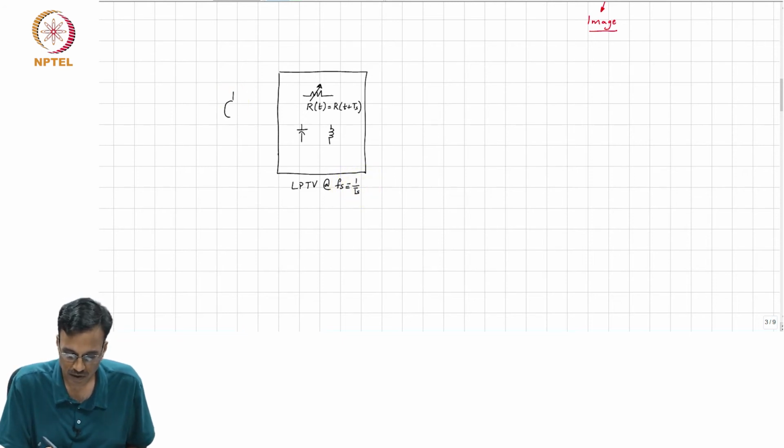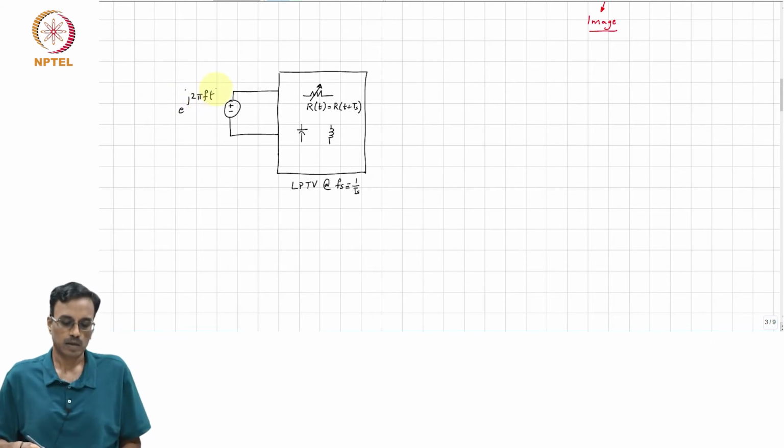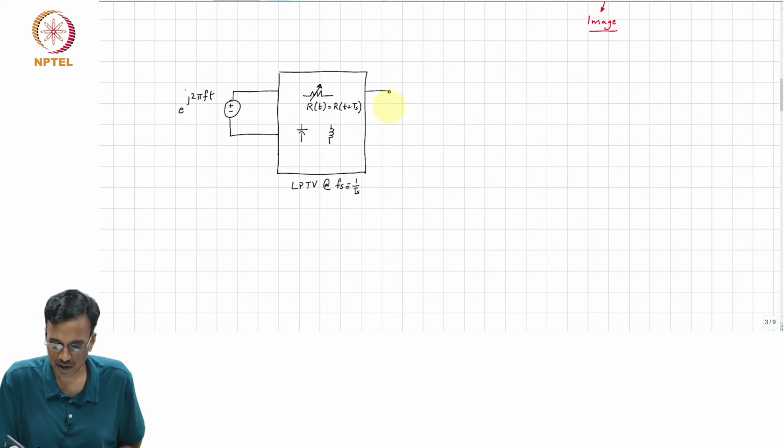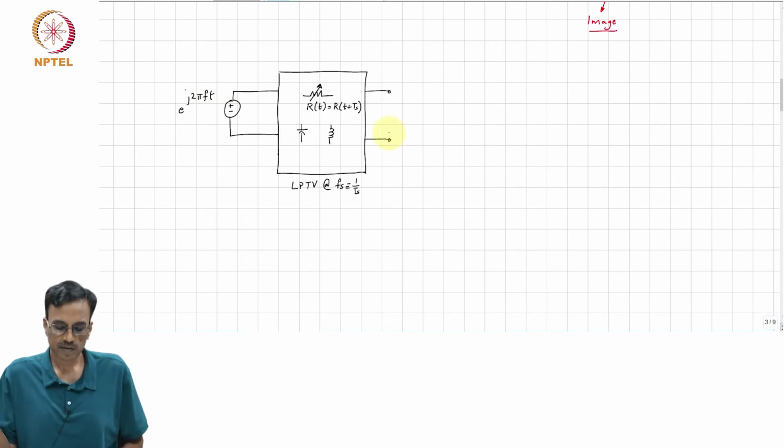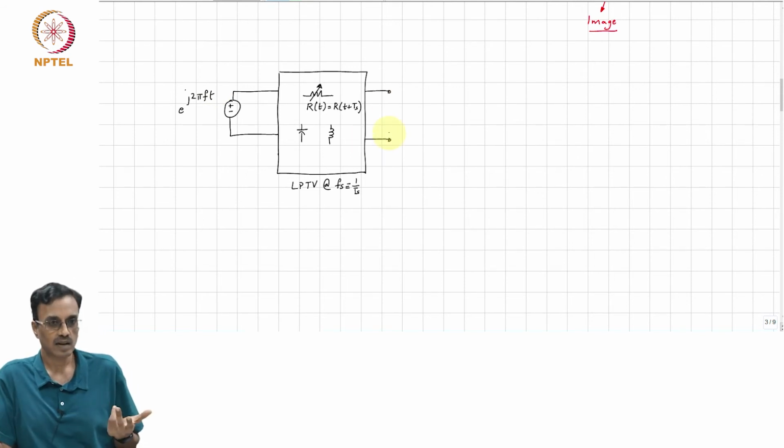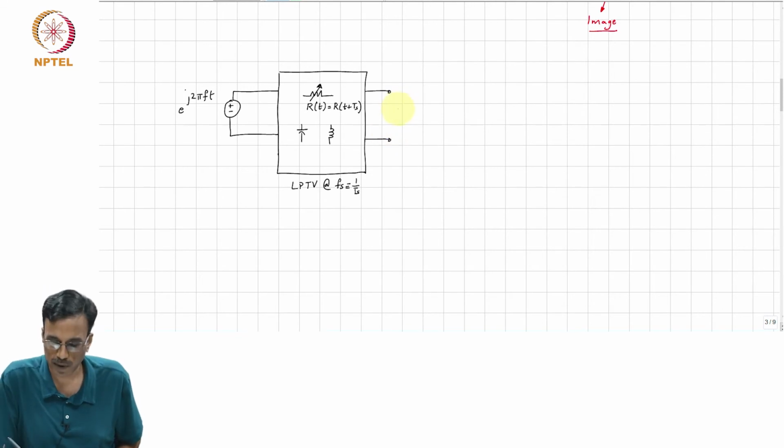Now, as we have seen earlier, if we excite the LPTV network with a complex exponential e to the j 2 pi f t, then the output of the LPTV network has a gain which is periodic with respect to time.